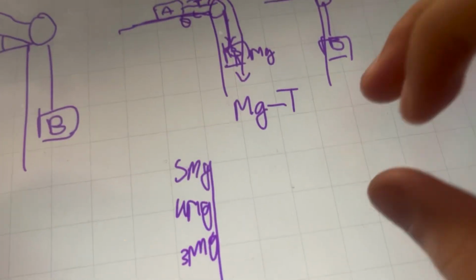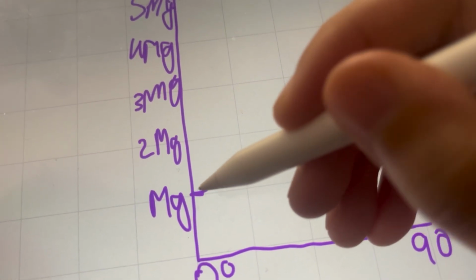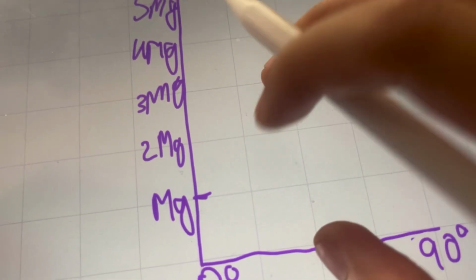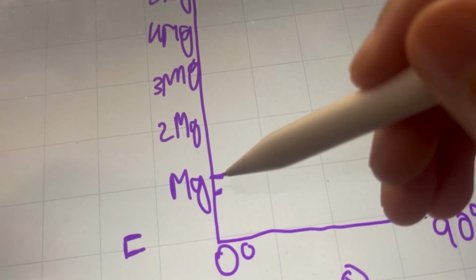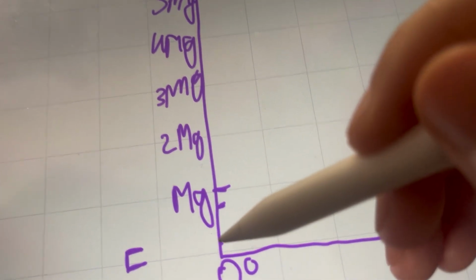So if tension is this much magnitude of force, then block A's graph would start right here.